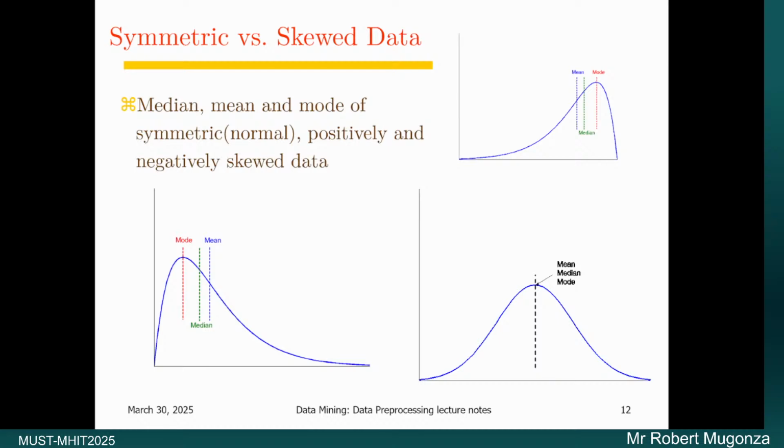What we can see are various illustrations of a normal distribution on the bottom right, and then we can see how our data is negatively distributed on the bottom left, and positively distributed in the topmost left or topmost right.